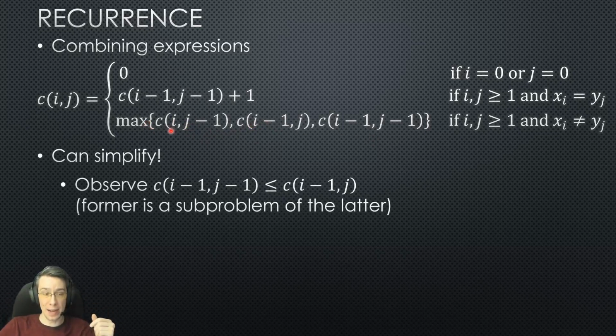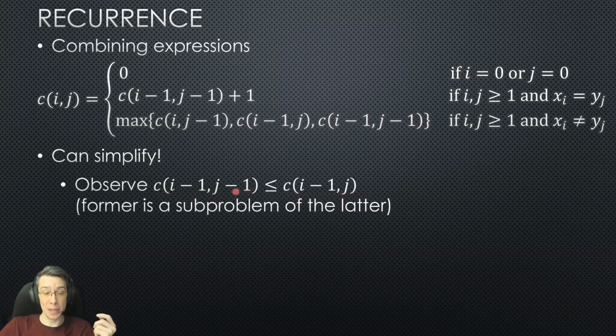Because this, for example, C of i minus 1, j, this is the LCS of the first i minus 1 characters of X and the first j characters of Y. Well, that's going to be at least as big as the LCS of the first i minus 1 characters of X and the first j minus 1 characters of Y. This expression on the right has more of the strings to work with, so it should be able to extract an LCS that's the same or larger.